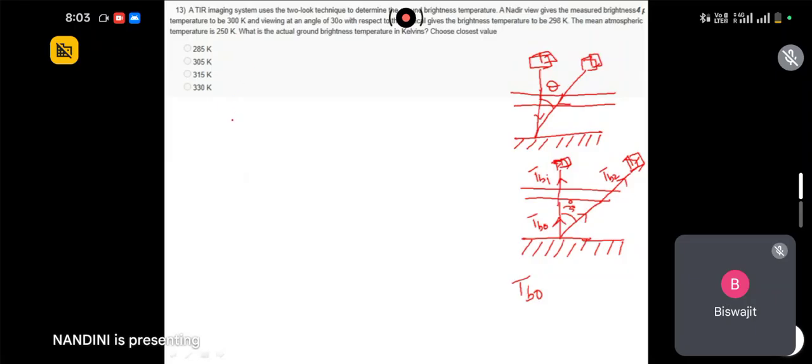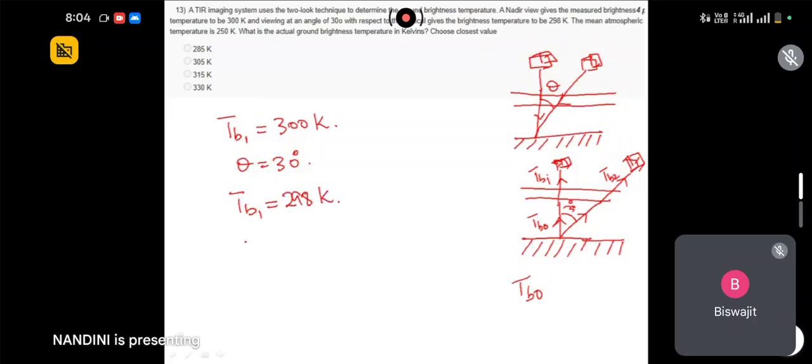Now, in the question, TB1, the normal view, gives a measured brightness temperature of 300 Kelvin. Viewing at an angle of 30 degrees with respect to the vertical gives another brightness temperature, TB2, which is 298 Kelvin.